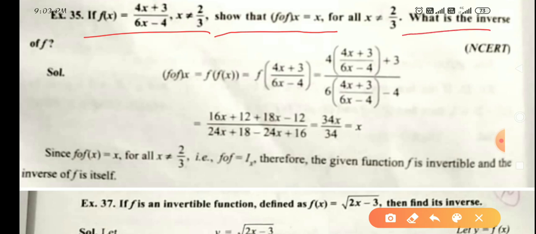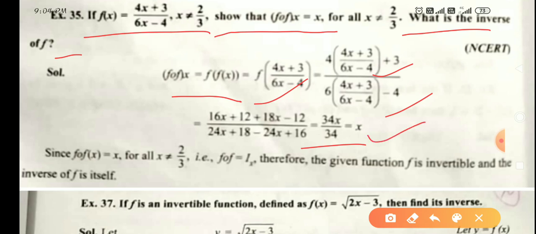What is the inverse of f? Inverse of f you have to find, so try to find fof x. In fof, in function fx you put the value of x as 4x plus 3 upon 6x minus 4. You have put it here, you can see. After solving you get 34x upon 34, and the final answer is x.